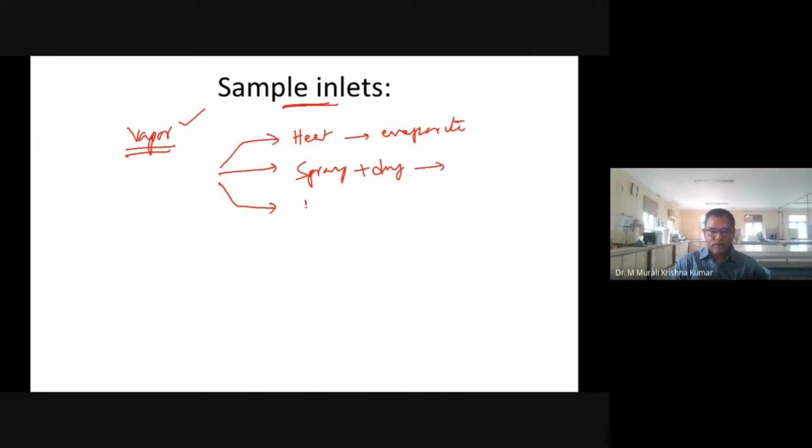Otherwise we use heat plus protection, like in case of MALDI, matrix assisted laser desorption and ionization. So these are the three methods that are extensively used in the introduction of sample into the ionization chamber.